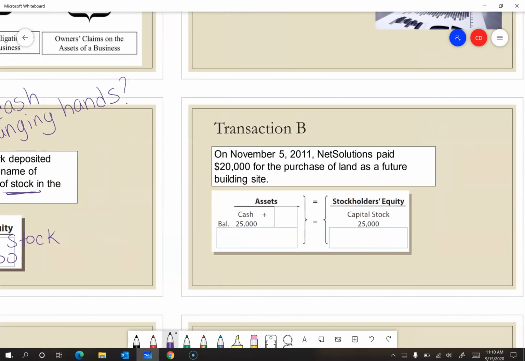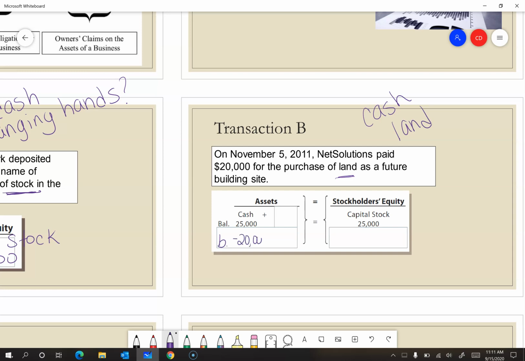Transaction B. On November 11th, Net Solutions paid $20,000 for the purchase of land as a future building site. So is cash changing hands? Yes. Okay, so we know one of the accounts is going to be cash. And what are we getting in exchange for the cash? We're getting land. So the other account is going to be land. Okay, so this transaction will look like this.